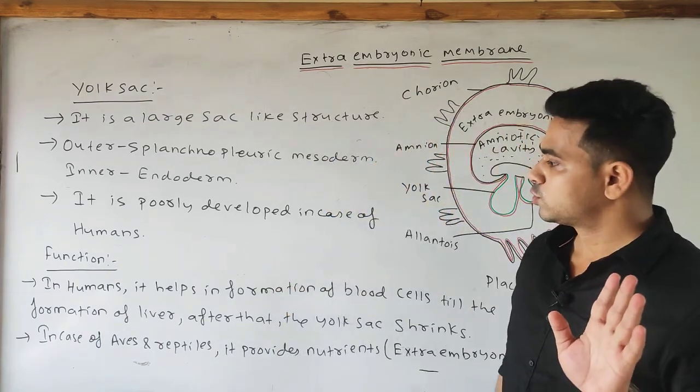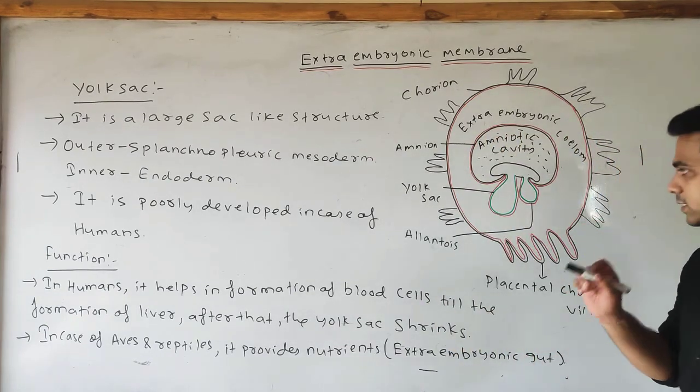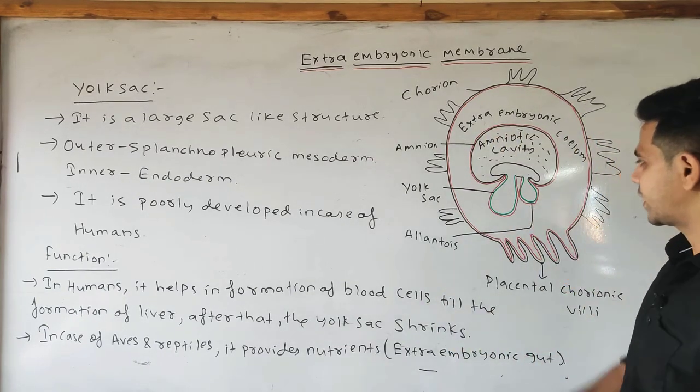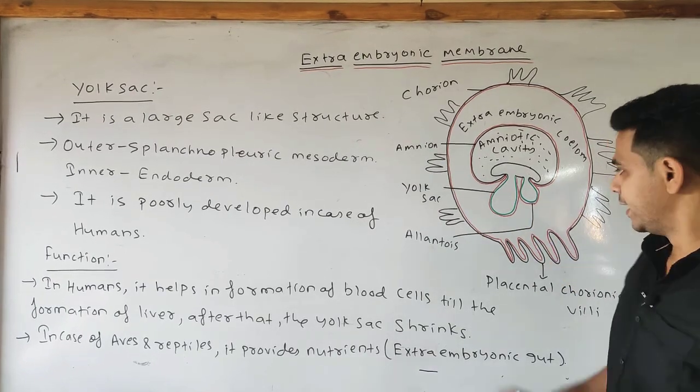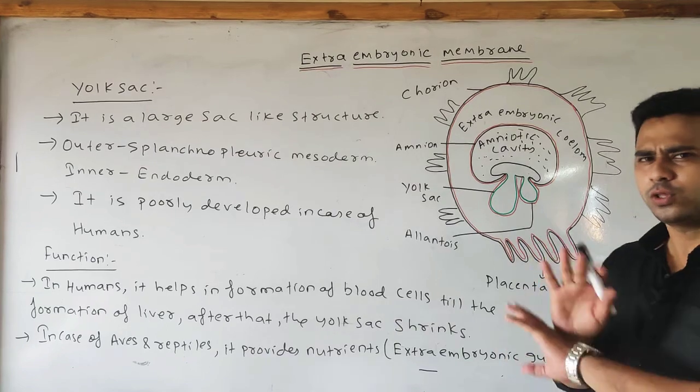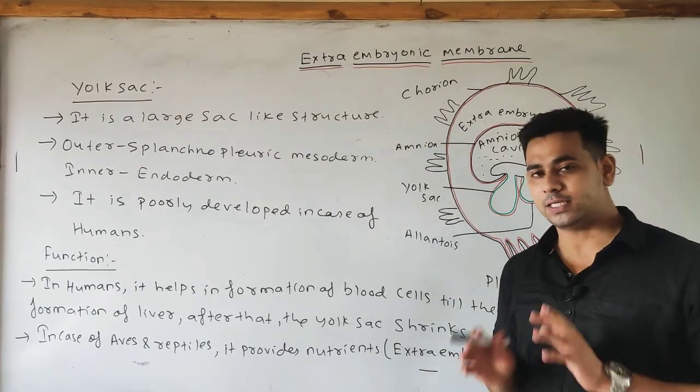Okay, so you should remember the main difference between allantois and the yolk sac: allantois is a small sac-like structure, the yolk sac is a large sac-like structure. In case of human, both are almost non-functional. But in case of apes and reptiles, they play a major role.